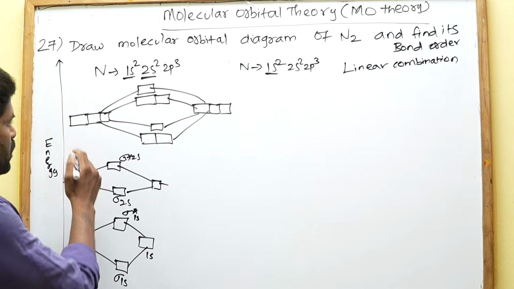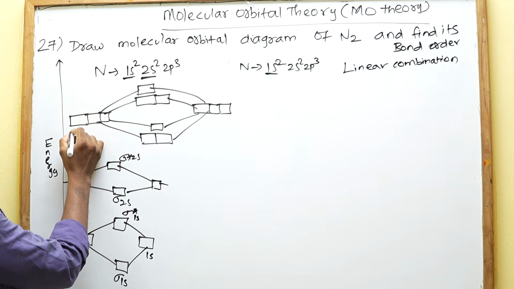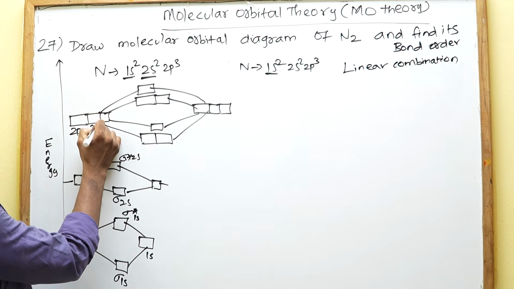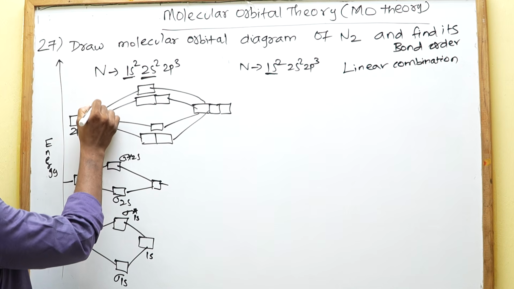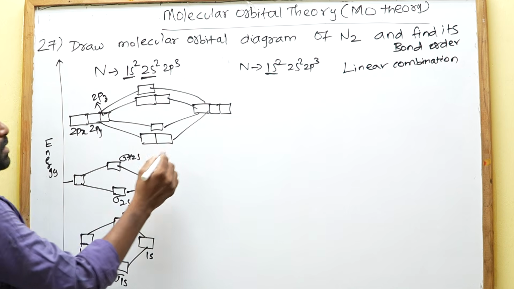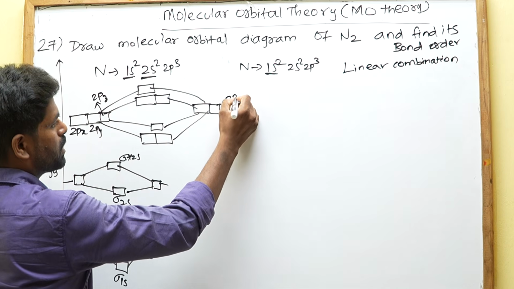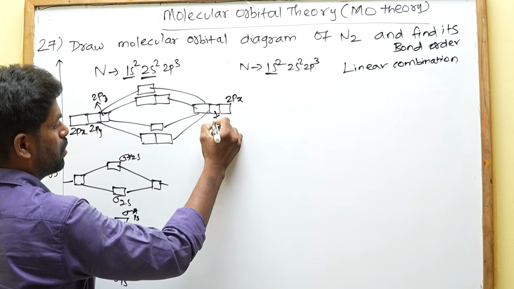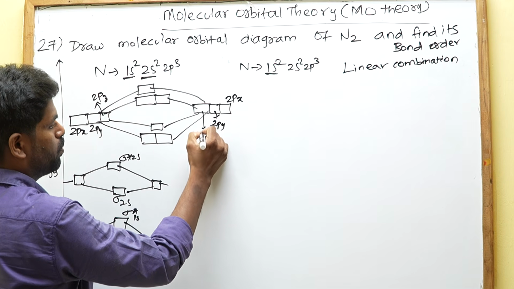We know that this orbital represents 2px, 2py, and this one is 2pz. Similarly, this is 2px, 2py, and this is 2pz.